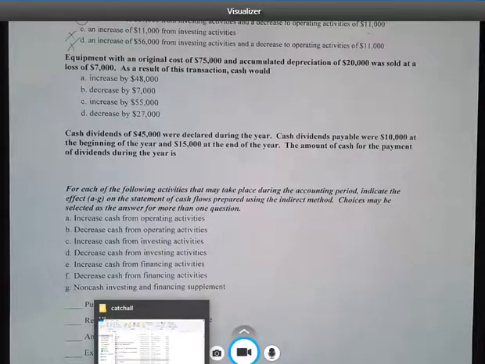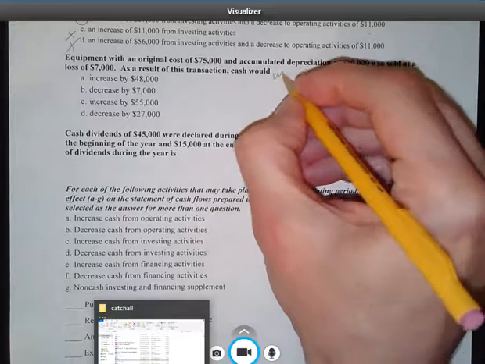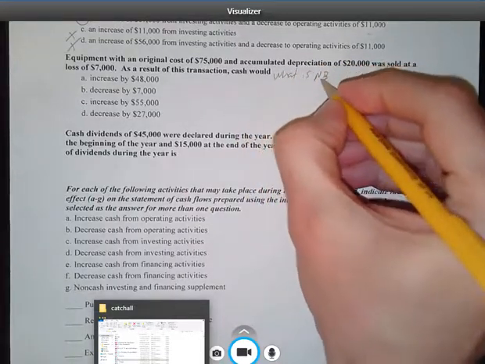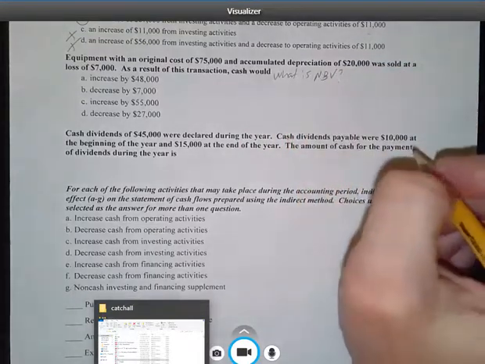Okay, so the first thing we have to do here to figure out this answer is answer another question. What is net book value? Okay, what is net book value?